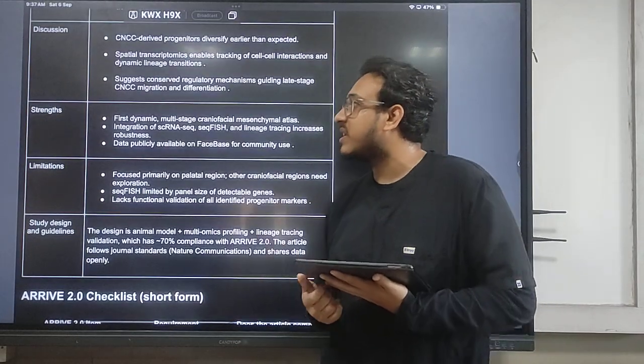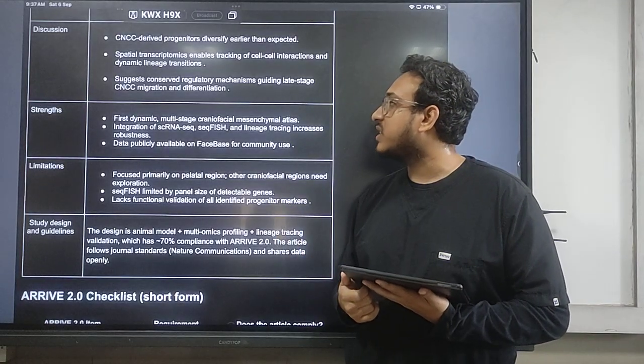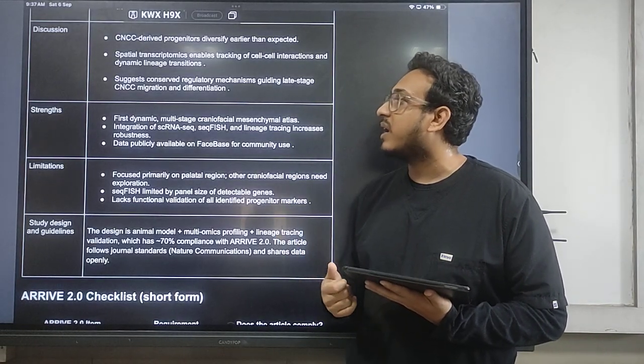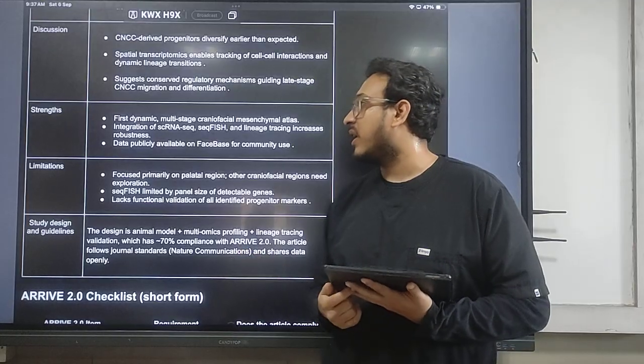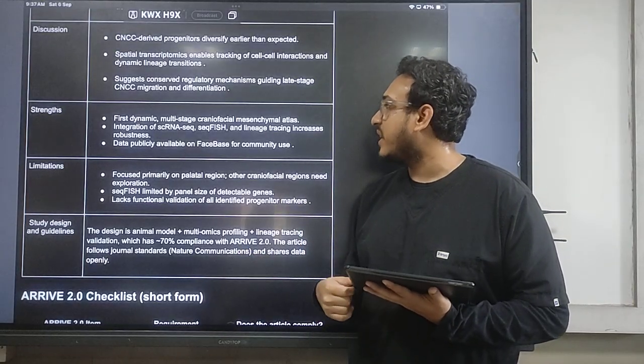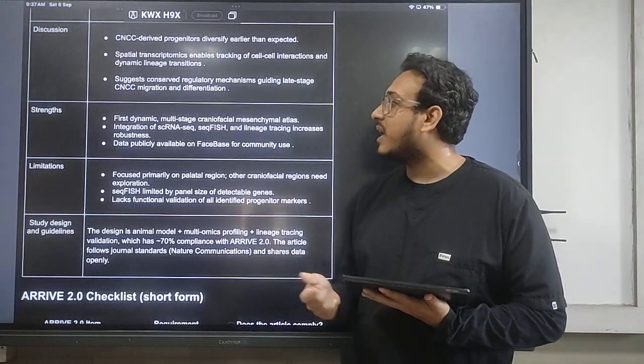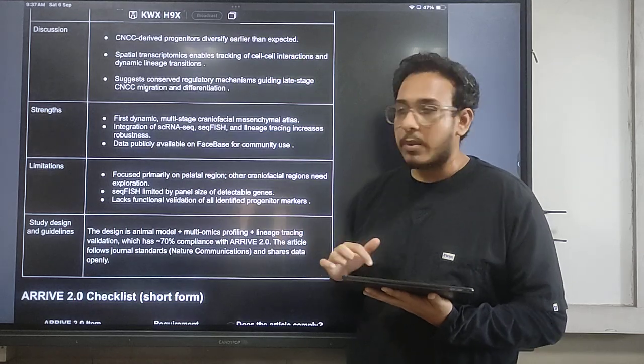So the strength of this study was that it was the first dynamic multi-stage craniofacial mesenchymal atlas. It integrated single cell RNA sequencing, sequential FISH, and lineage tracing, increasing robustness. And the data was publicly available on FaceBase for community use.